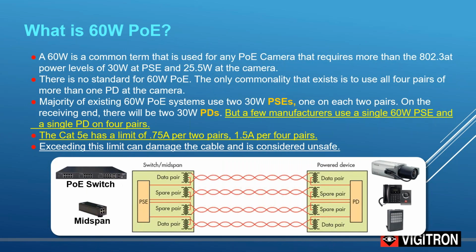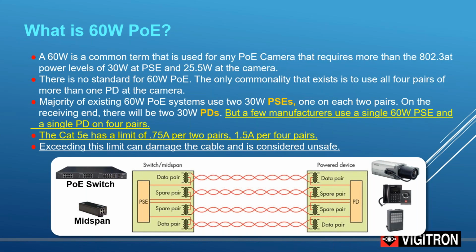Because of the limitations of current handling capacity by 24 gauge wire, the standard upon which PoE is built on, we have a limitation. A single pair within 24 gauge wire can only handle up to 37 watts. This means that we're limited to 37 watts within the 802.3 AF and AT environment. Yet, as we all realize, there are many products that require more than that.